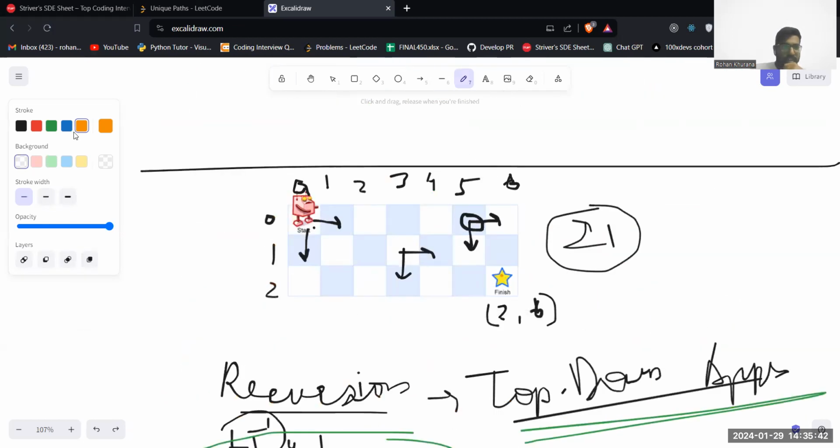At this position, it can go up, it can go left, and so on. Some moves it can't go, and some it can go left, left, left, three times.